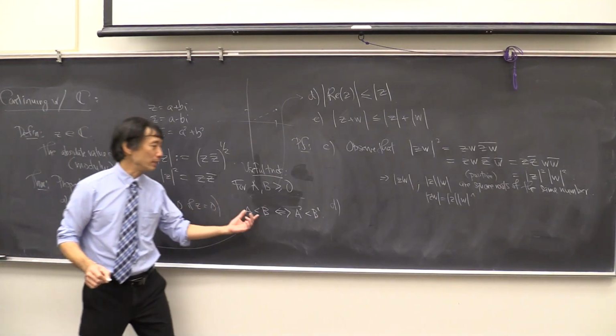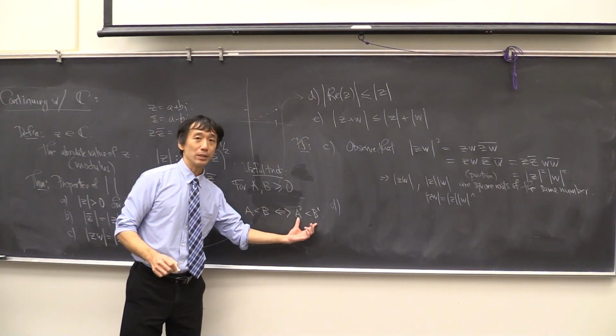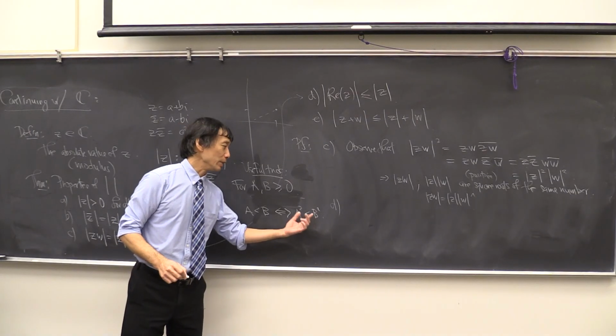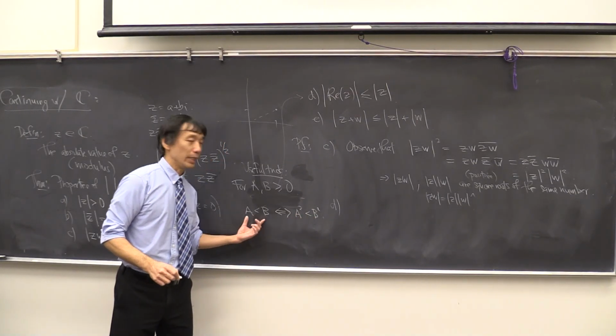If A is less than B, then certainly A squared is less than B squared. And vice versa. If A squared is less than B squared, then A is less than B.